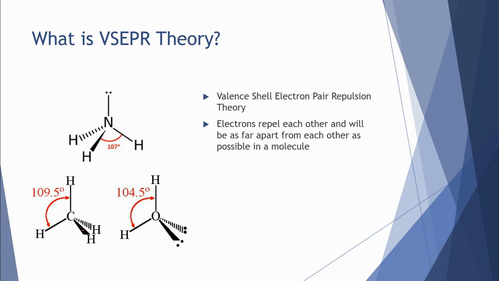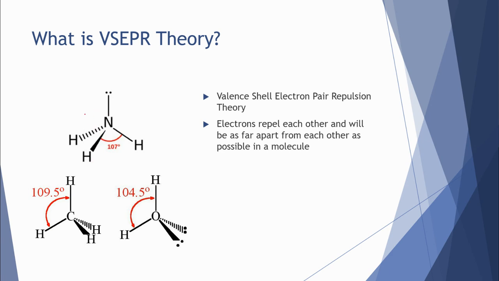This is called a wedge, this black triangle, and that means that that hydrogen is pointing out of the computer, and this is called a dash, and that means that hydrogen is pointing into the computer. So between all of these hydrogens is a bond angle of 109.5. They are spread apart as far as possible.